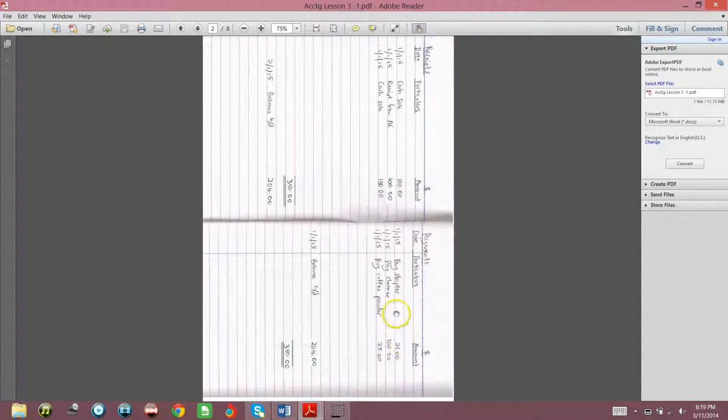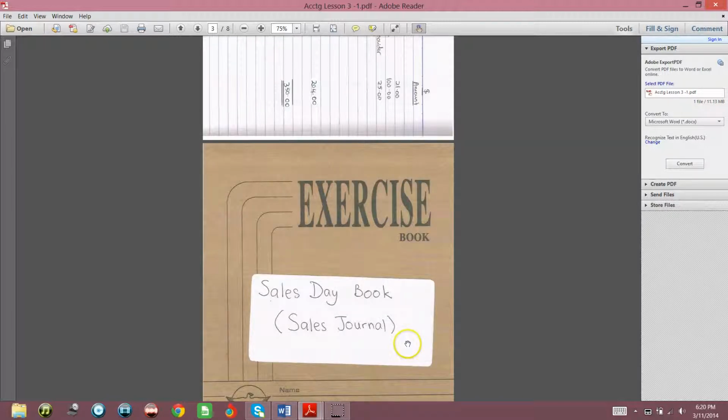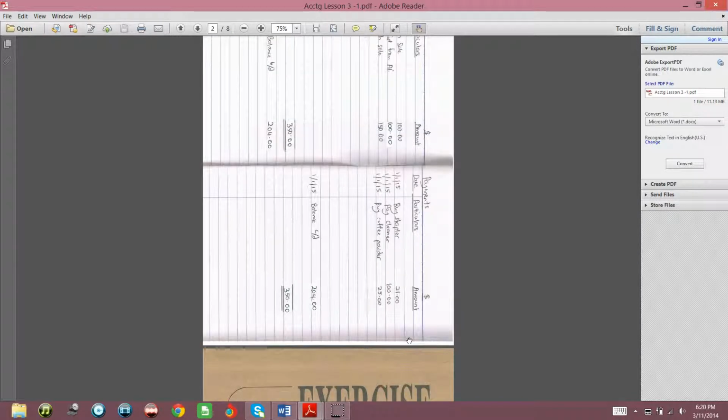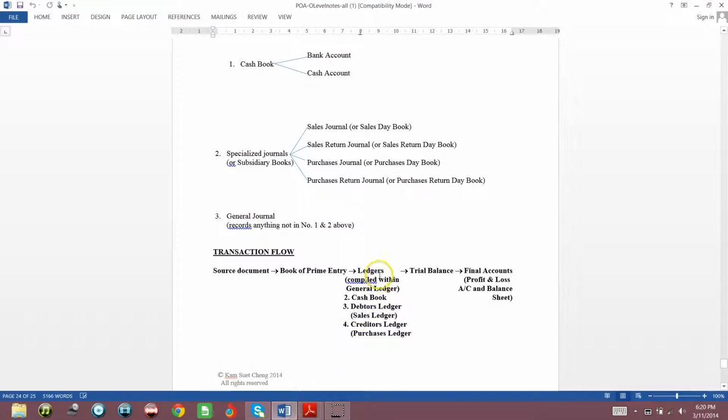Then after that I come to stationery expenses, then office expenses, all these, then I use another color to highlight. Yeah, it's getting more and more messy now. You see the problem now. So in order to organize my work, I will compile, for example, all my rent expenses in a general ledger.